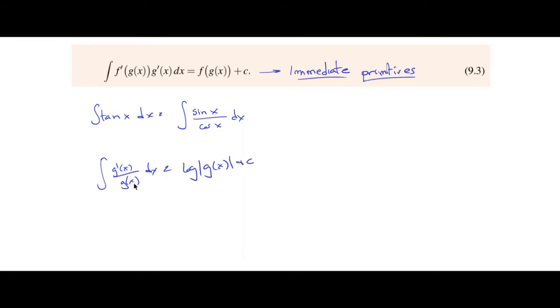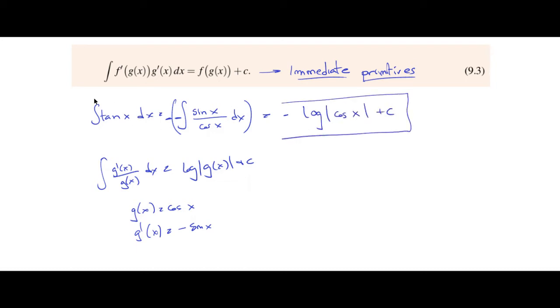In this case, g is the cosine, and g prime is minus the sine. So this is almost this primitive. We multiply by minus 1, and then we get this. And now this is the logarithm of the cosine. So this is minus the logarithm of the absolute value of the cosine plus c. That's the primitive of the tangent.